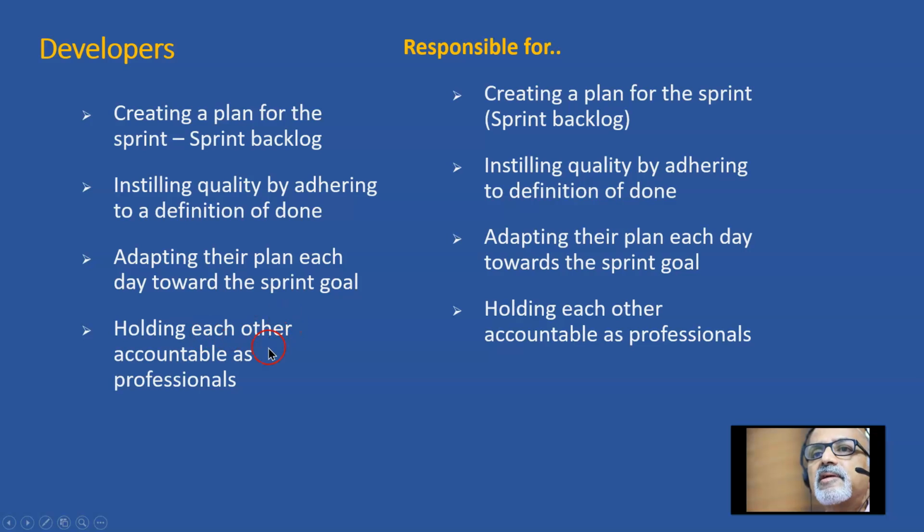They hold each other accountable as professionals. They're responsible for creating a plan for the sprint. We call it a sprint backlog. Instilling quality by adhering to definition of done, adapting their plan each day toward a sprint goal, and holding each other accountable as professionals.